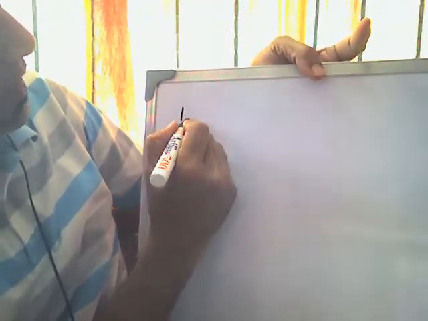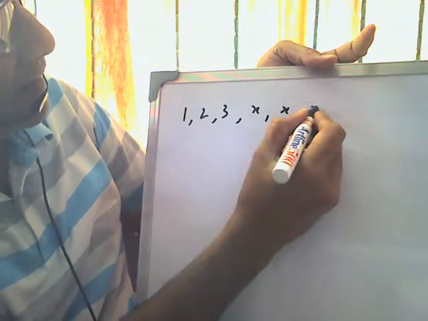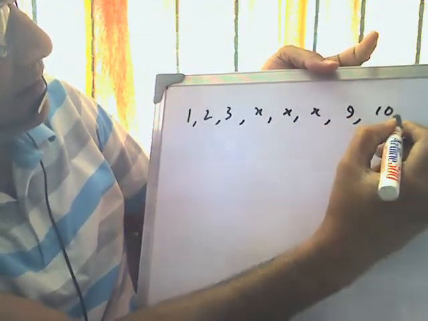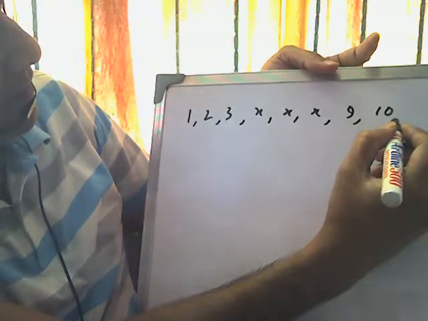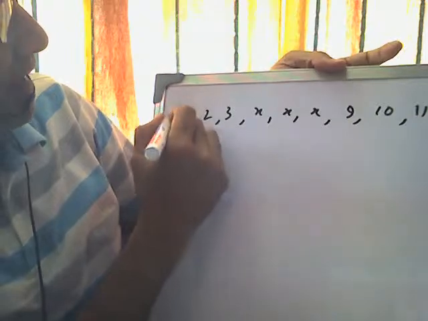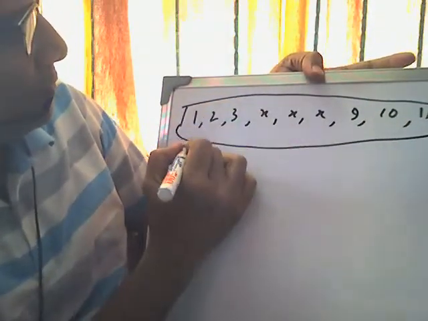Suppose the elements are 1, 2, 3, x, 9, 10, 11. Suppose this is the array. Now see here. Now do the binary search.